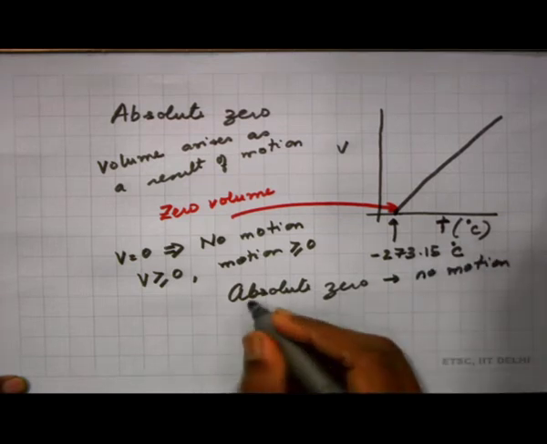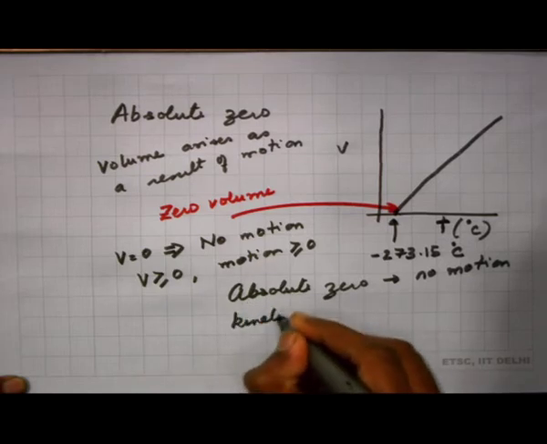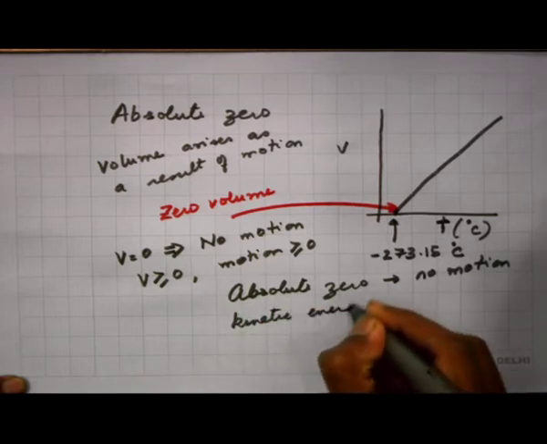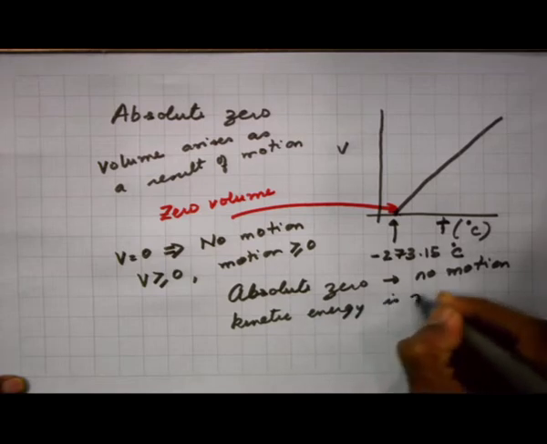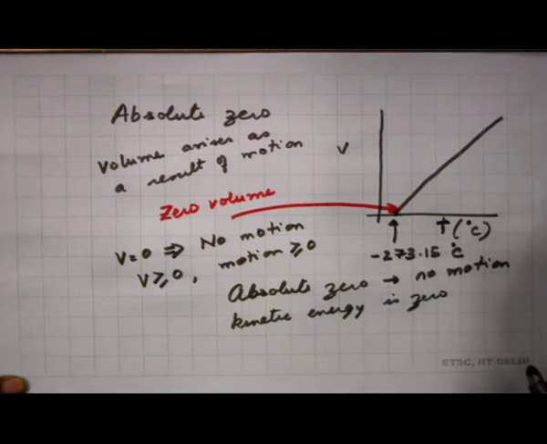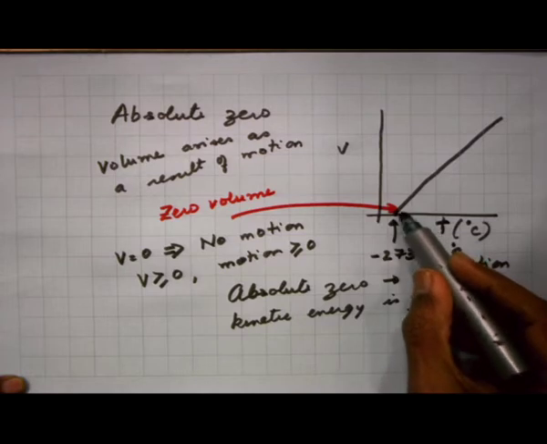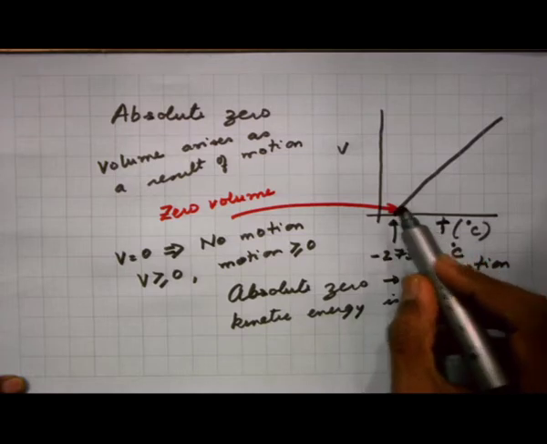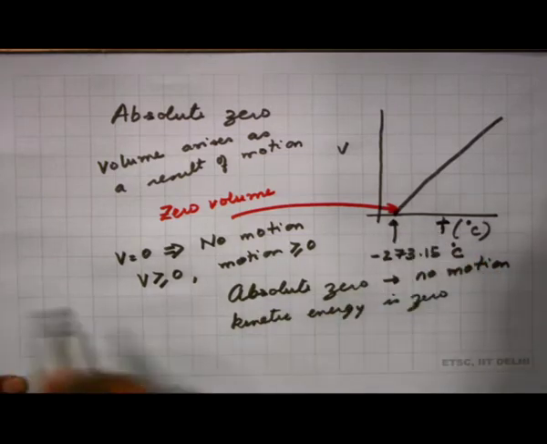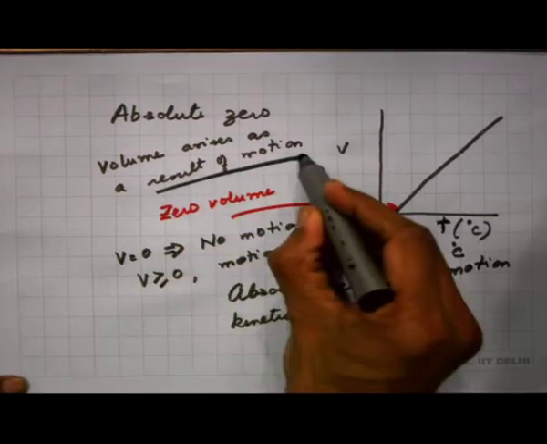So, the kinetic energy is 0. And for a gas at this temperature, the volume is also 0, because the volume is only related to motion.